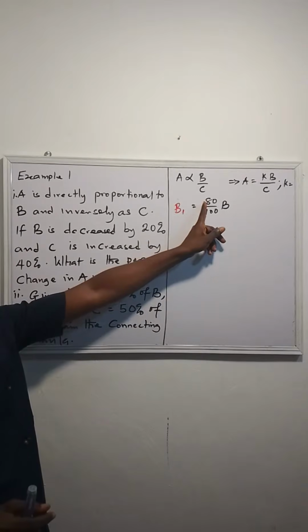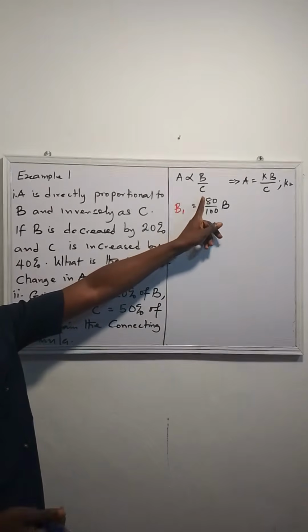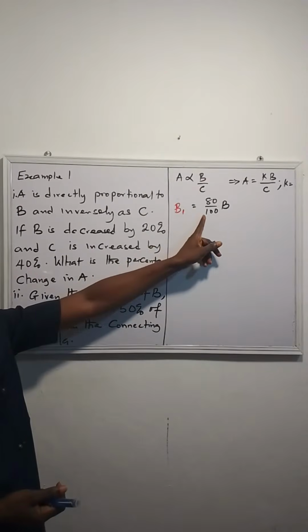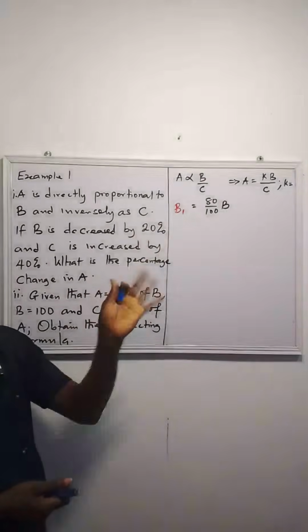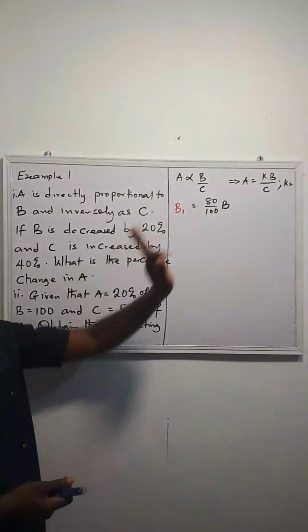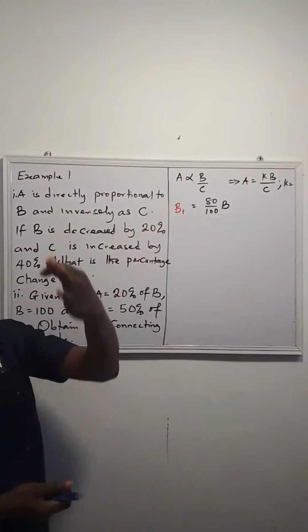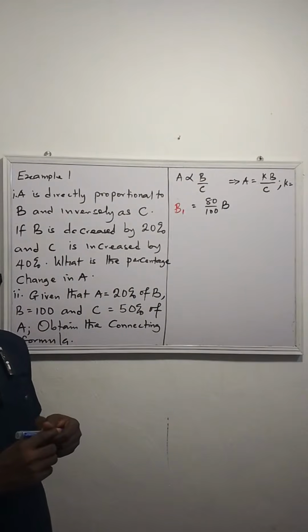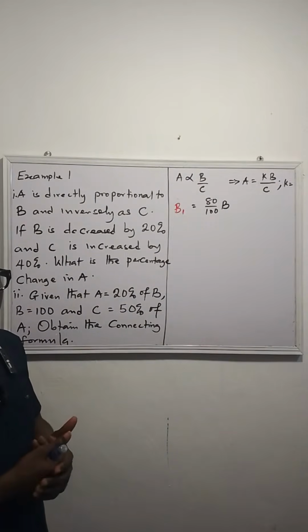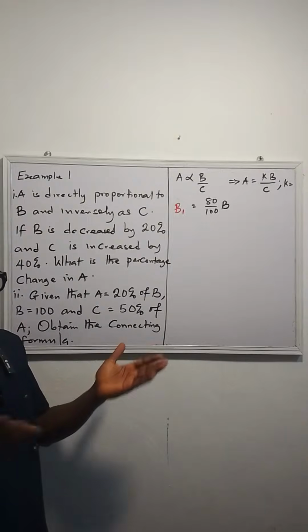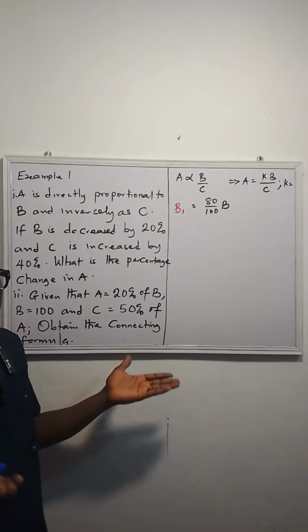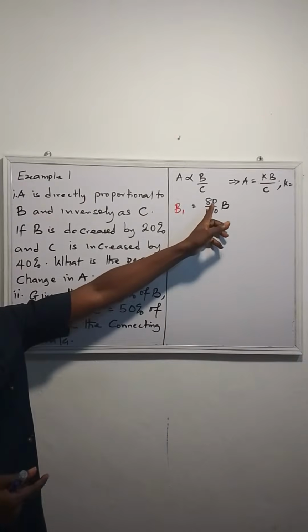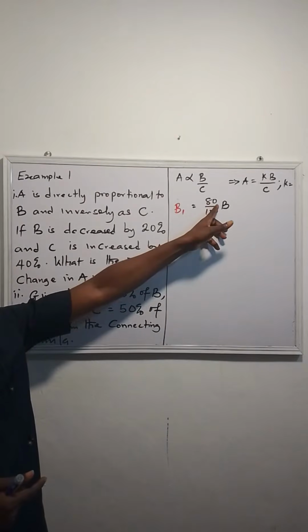So 100% is 100 over 100. That means when B is not decreased or increased, that is 100%. If I say you score 100%, that is you score 100 over 100. If I say that your 100 has been reduced by 20%, that means you are not scoring 100 again.